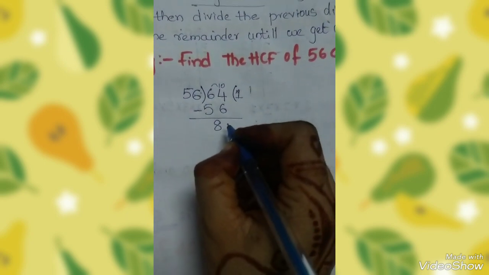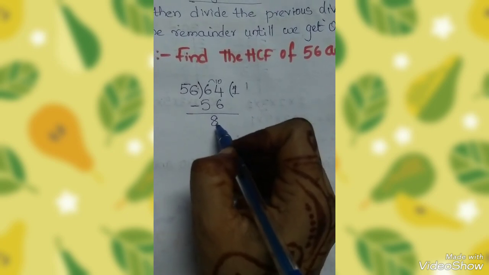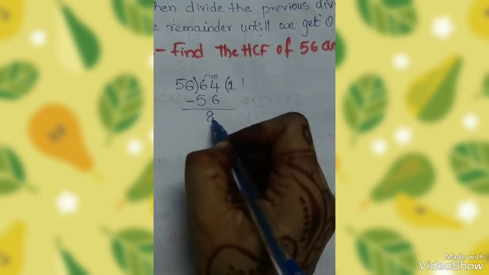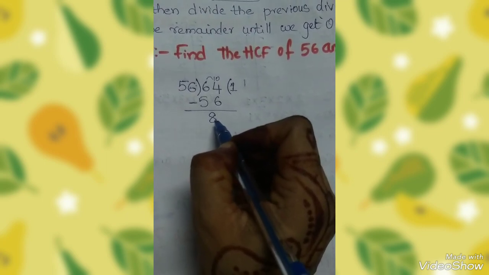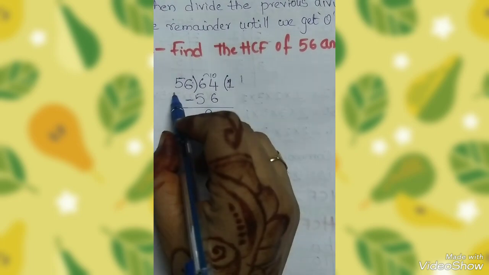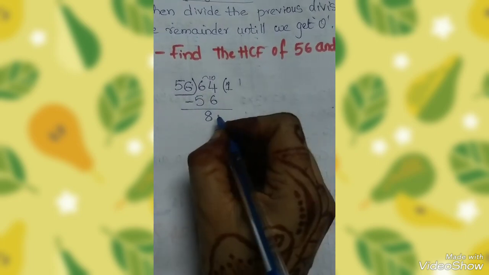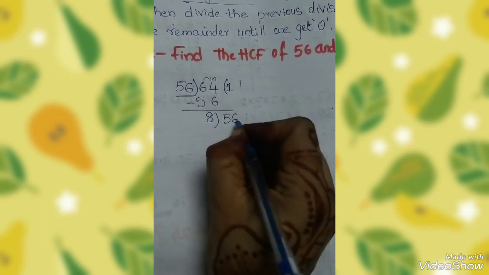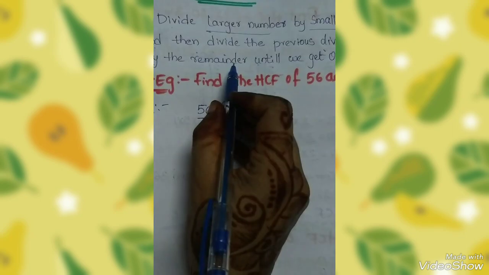Now this is the process, children. We get a remainder here, and we have to divide by this remainder. Which number do we divide? The previous divisor, that is 56. We divide the previous divisor by the remainder.